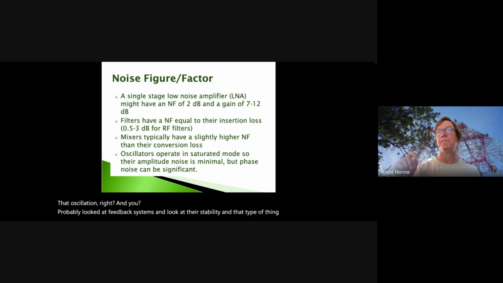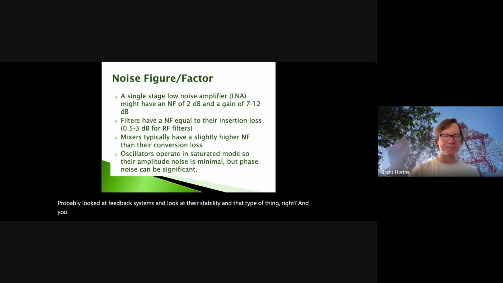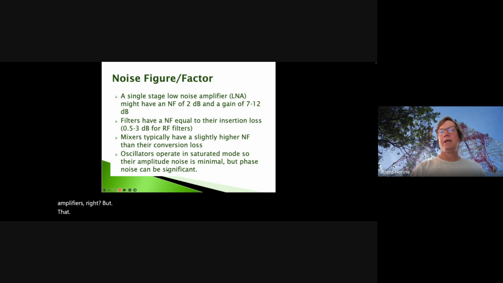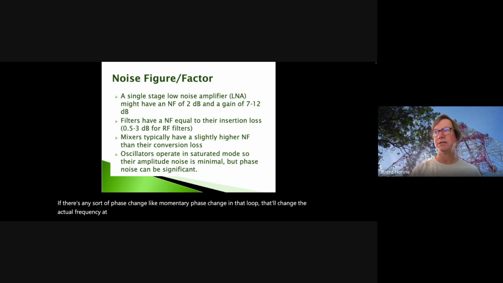And in oscillators, we purposely create some positive feedback, which we're normally trying to avoid in amplifiers, right? But if there's any sort of phase change, like a momentary phase change in that loop, that'll change the actual frequency at which the oscillator is oscillating, right?